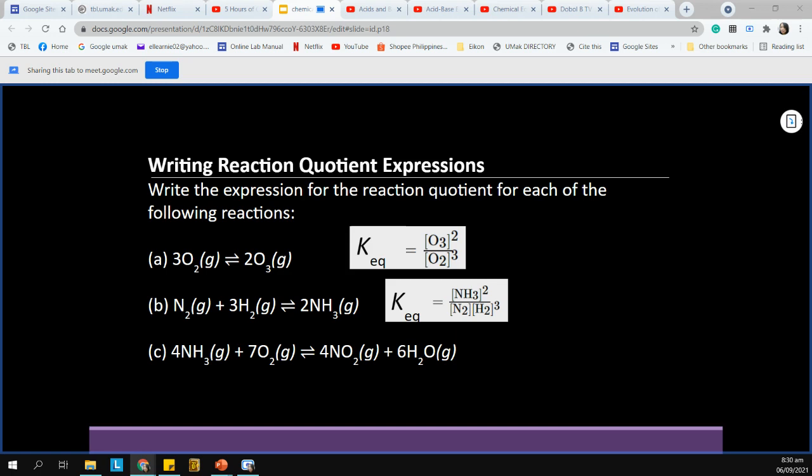Any update, Mr. Remando? Wala tayong isa-solve dyan. I-rewrite nyo lang siya to form the KEQ or the reaction quotient.